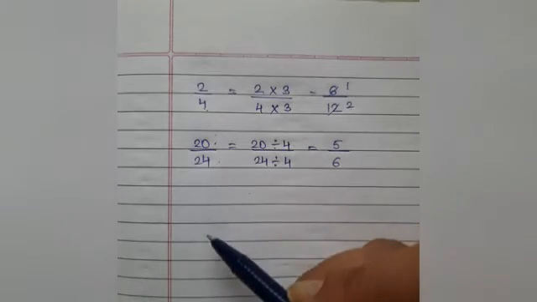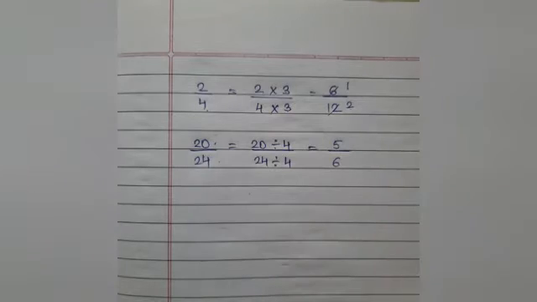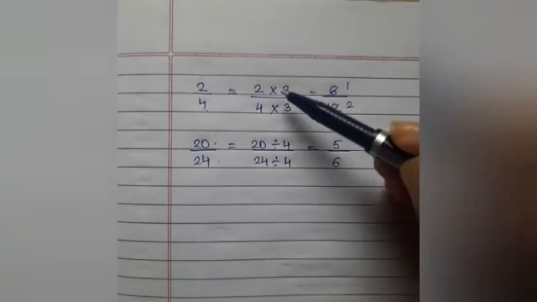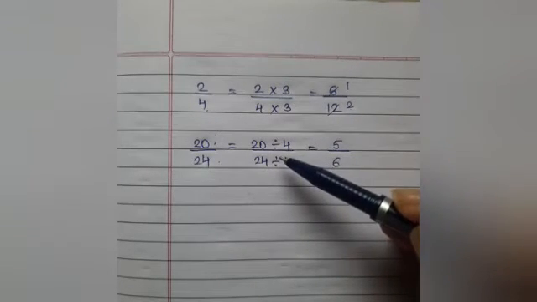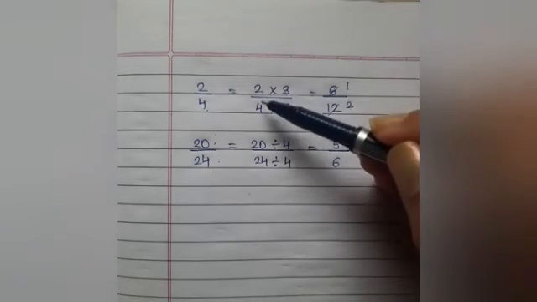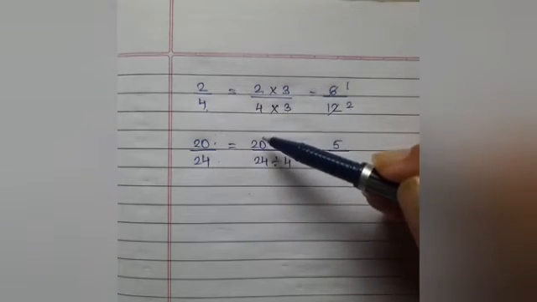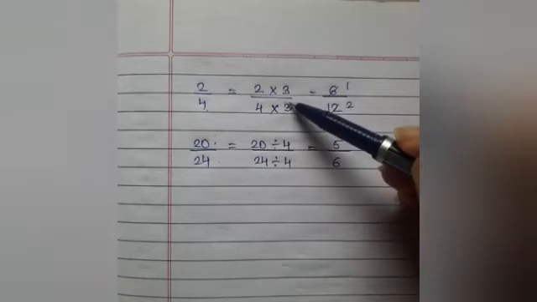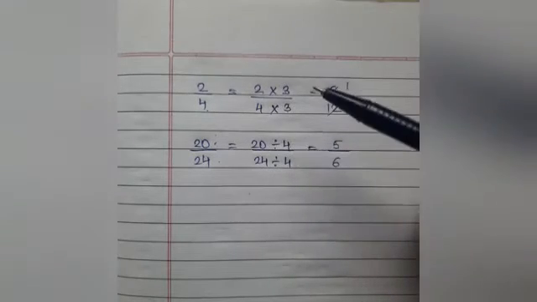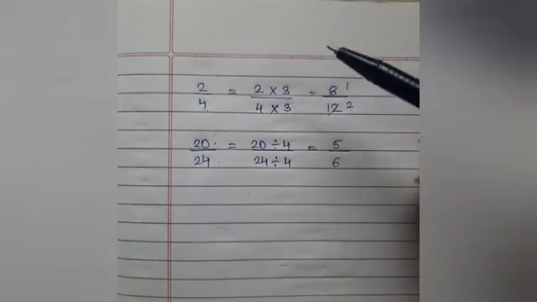Now, as I said earlier, the rule is that you are supposed to multiply or divide the numerator and denominator with the same number only, just like we did here.